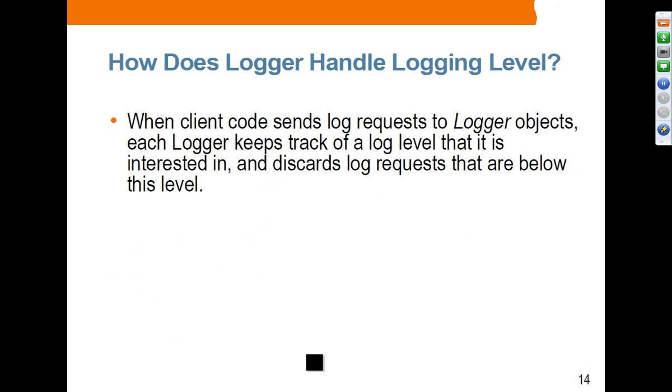When the client code sends a log request to logger objects, each logger keeps track of the log level that it is interested in and discards the log requests that are below that level. So it only keeps track of the log requests at the default level and above.